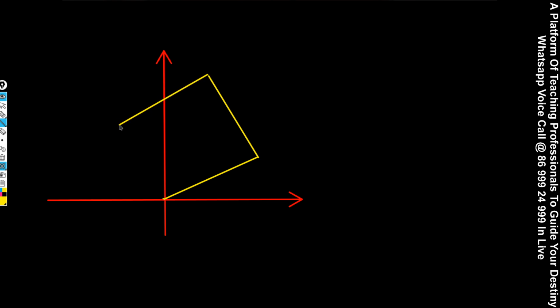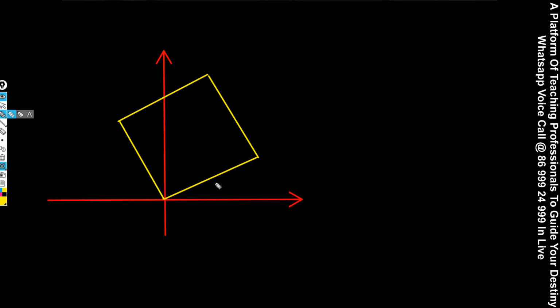This is another side. This is the completed square now. What is the data given there?